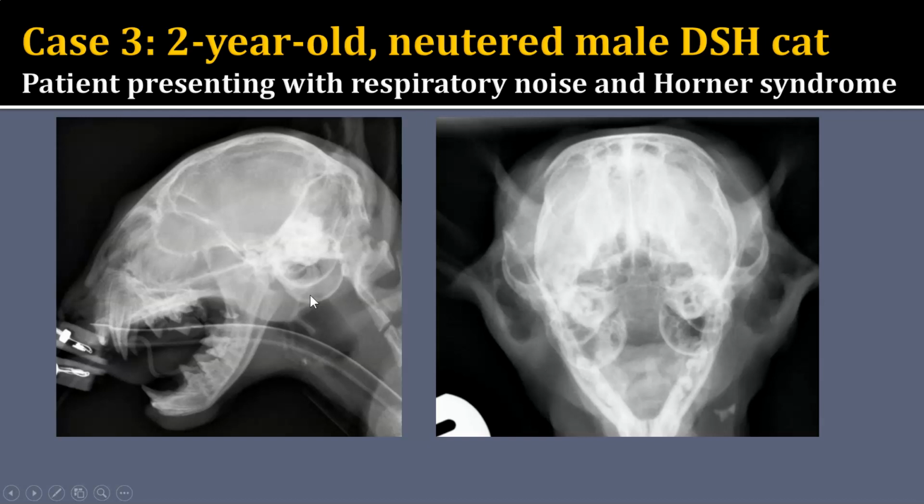On the lateral view, those bullae are going to be superimposed right and left, so it's going to be challenging to compare them, although this one does look like it has fluid opacity in it. But one important finding that I notice is that in this nasopharynx here, there is this focal, round, soft tissue mass that is actually displacing a portion of the soft palate. So these findings are of a mass in the nasopharynx with right-sided otitis media.